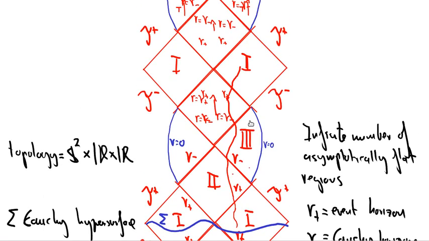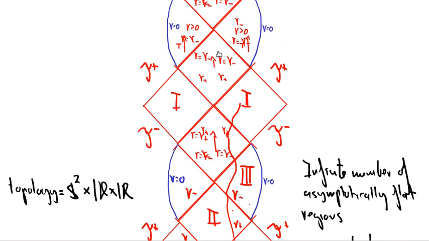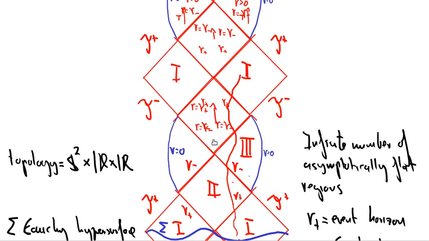This is an illustration of the fact that the metric doesn't determine the topology, because we have two different diagrams which we obtain from the same metric, and they represent spacetimes with different topologies.